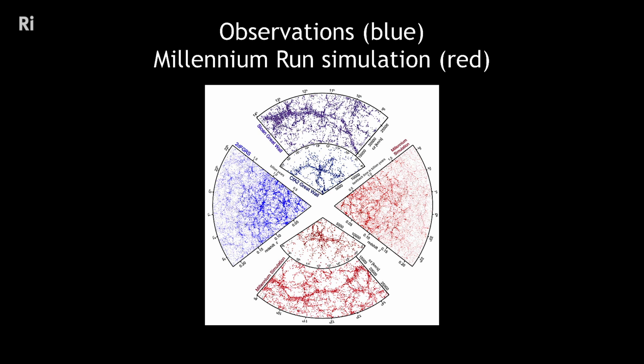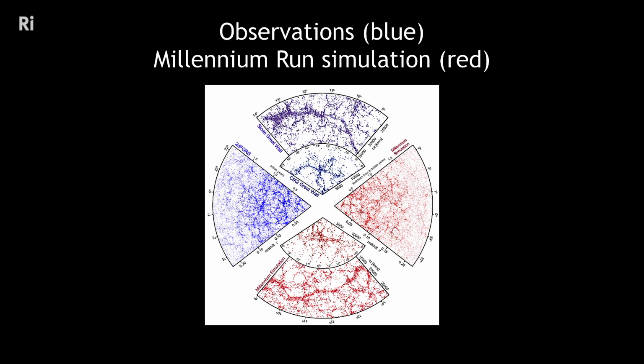Now, they also did slices of their simulation to compare with various observational ones. So here's the Sloan Great Wall and the Great Wall of Geller-Huchra. They made a slice just like this in their simulated set, and they found this Great Wall here, which is quite as long as the one that we're seeing here, and then one that looked quite like the closer one that we see of Geller-Huchra.